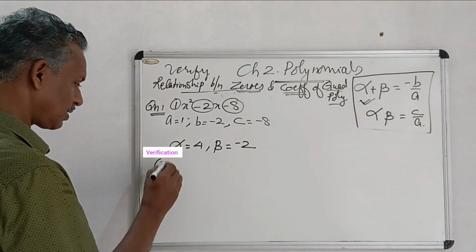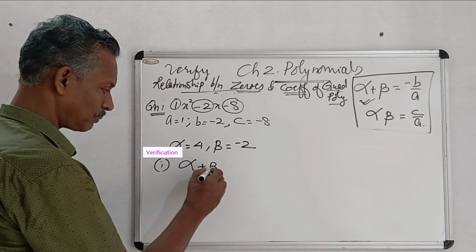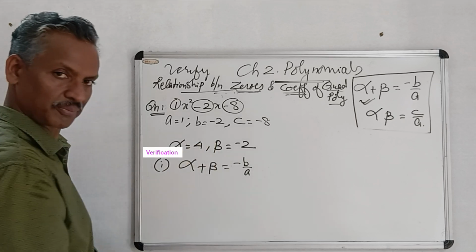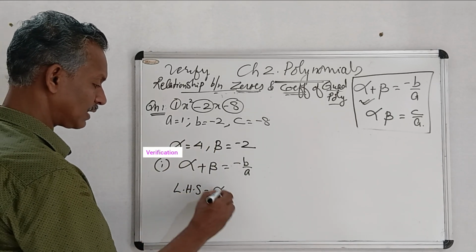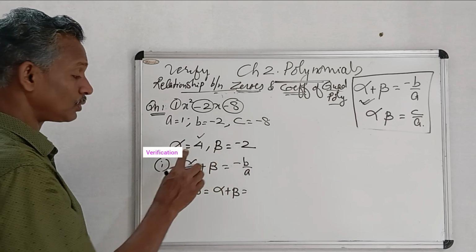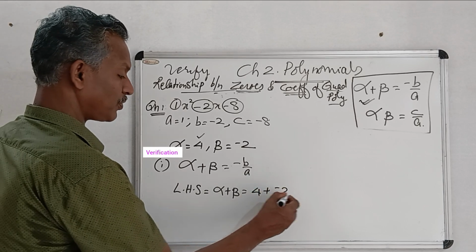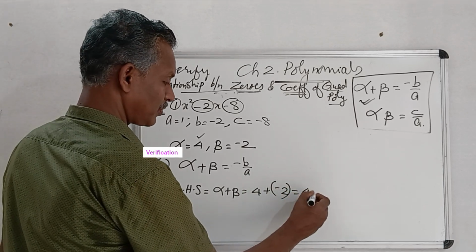What is the first relation we have to verify? Sum of zeros, that is alpha plus beta, is equal to minus b by a. Take the LHS of this. It is alpha plus beta. Alpha is the first zero, it is 4, plus the second zero, it is minus 2. 4 plus minus 2 is 4 minus 2, it is 2.